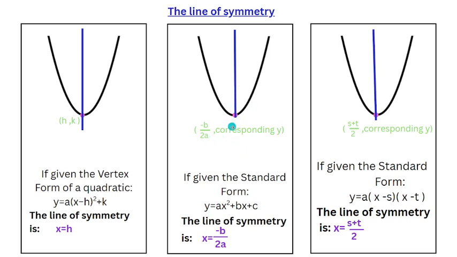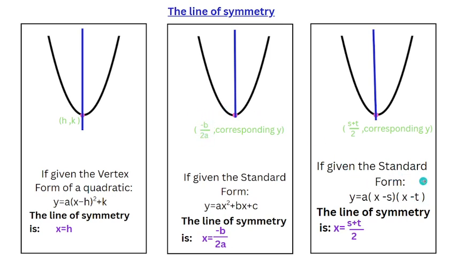But for the line of symmetry, we only want the x, because the line's name is x equals the number. If h equals 2, then the line of symmetry is x equals 2. If this value is -5, then the line of symmetry is x equals -5, and so on.